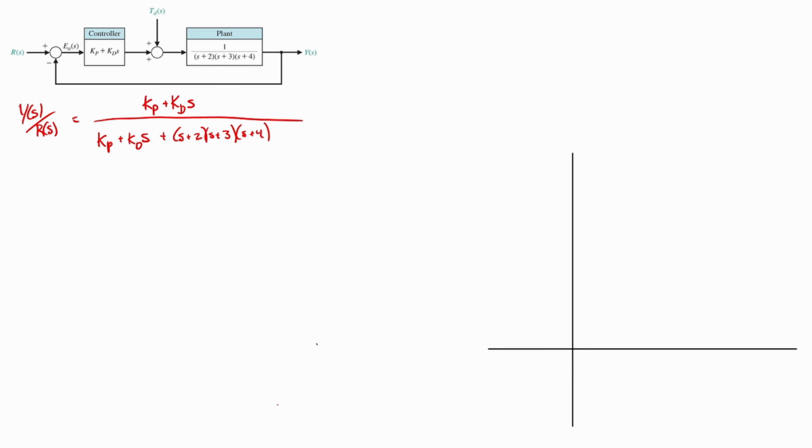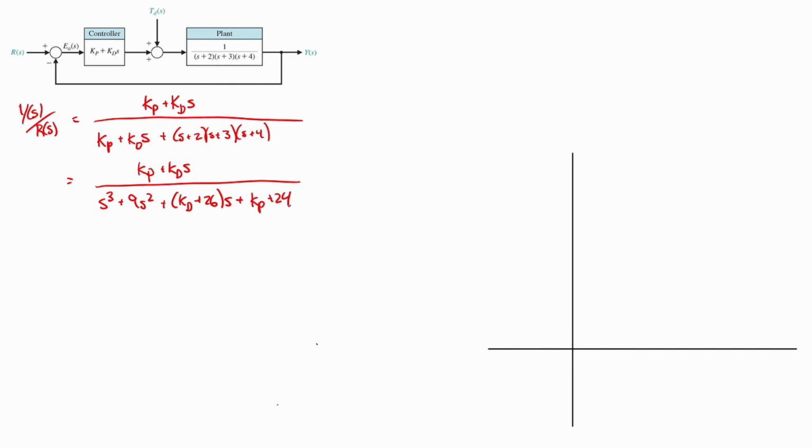And then that evaluates out to Kp, Kds, and your simplified denominator will be s cubed plus 9s squared plus (Kd plus 26)s plus Kp plus 24.